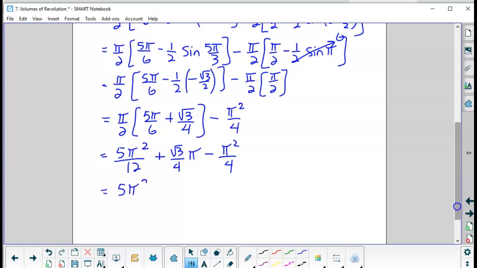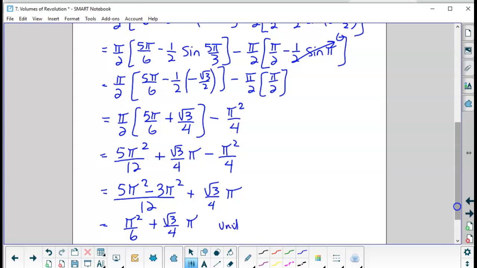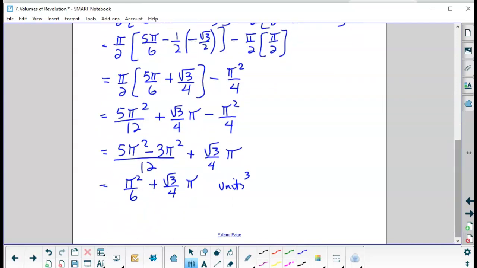So 5 pi squared minus 3 pi squared over 12, which is 2 pi squared over 12, which is pi squared over 6. And again, it's units cubed. You could factor out the pi if you wanted, but there'd still be a pi in one of the terms, so I would just leave it like that.